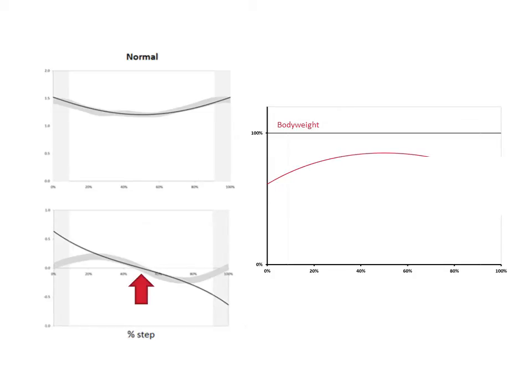The slope is at its gentlest, however, at this point, so the reaction will be closest to body weight. In the later part of the movement, the centre of mass is accelerating downwards. So again, the ground reaction must be less than body weight. And as the slope gets steeper, the ground reaction must be getting smaller. You can see that the ground reaction under an inverted pendulum is always less than gravity.